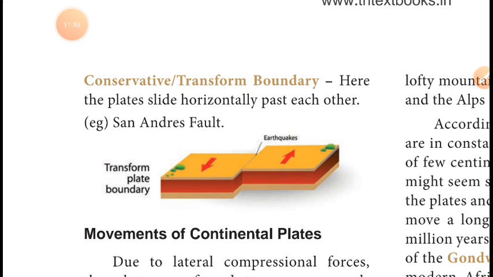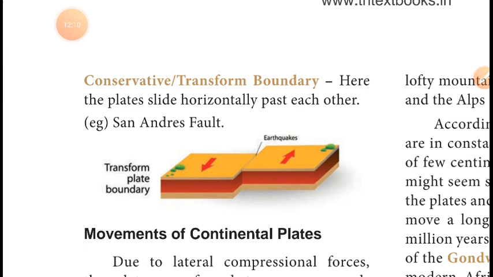So that is called a conservative or transform boundary. The plates always move in a horizontal position. The plates only slide. So that is called a conservative or transform boundary.